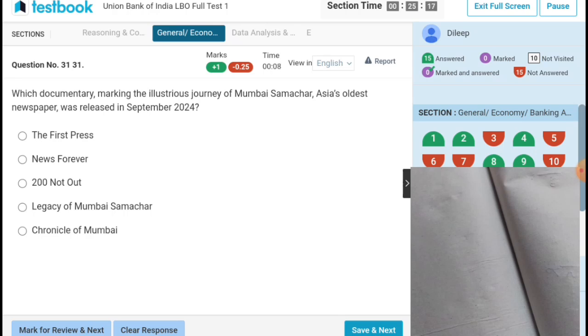Which documentary making the illustrious journey of Mumbai Samachar, Asia's oldest newspaper, was released? I think Legacy Mumbai or 200 Not Out. Legacy Mumbai Samachar. 200 Not Out.